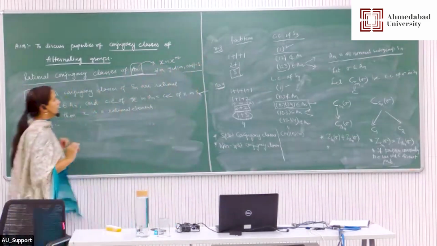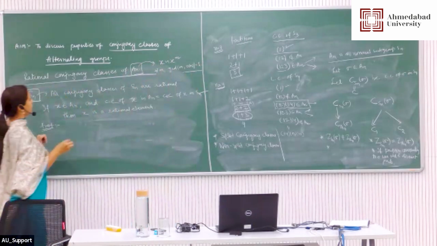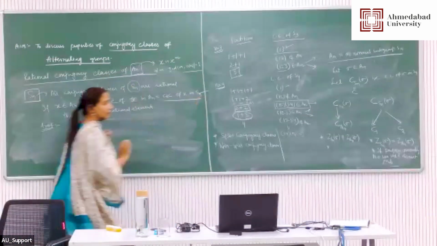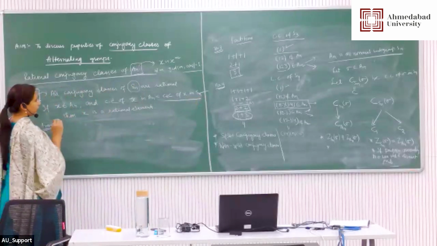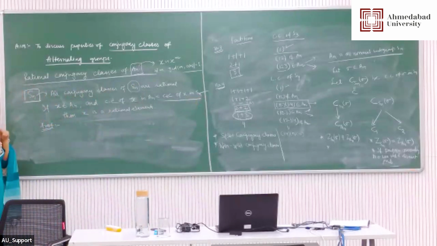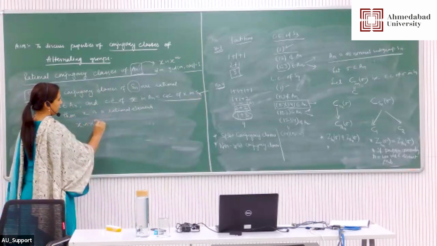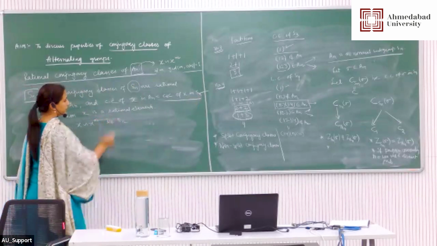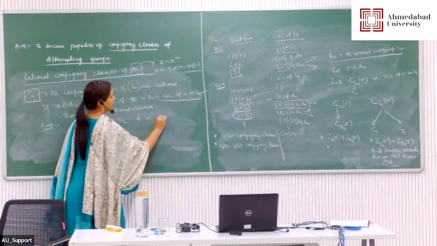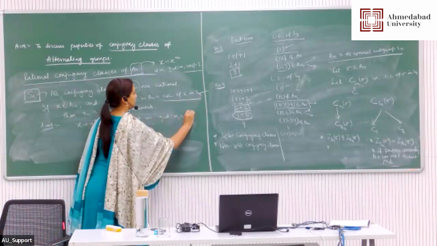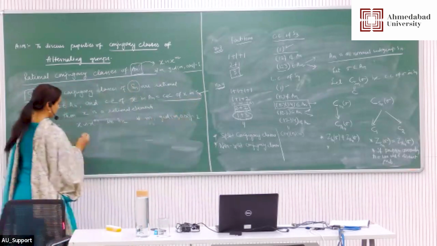Now, because all conjugacy classes in Sn are rational, in Sn x is conjugate to x to the power m for all such m.